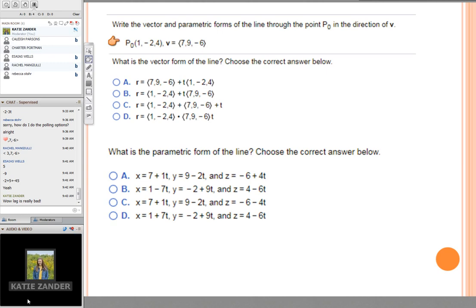Okay, we're just waiting for 2 more people to lock in, 1 more person to lock in. All right.